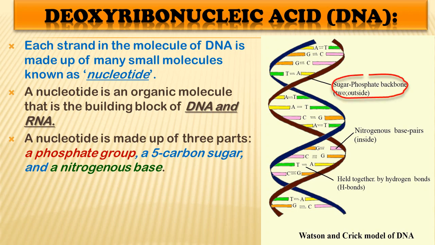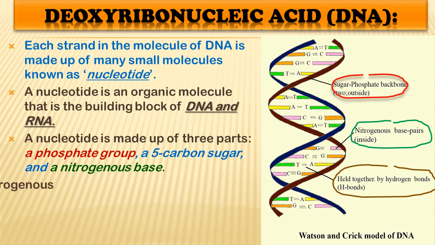So this is the sugar phosphate backbone, and these are the nitrogenous base pairs which are present inside the helical structure. These nitrogenous bases from the two strands are held together by hydrogen bonds, that is H bonds.